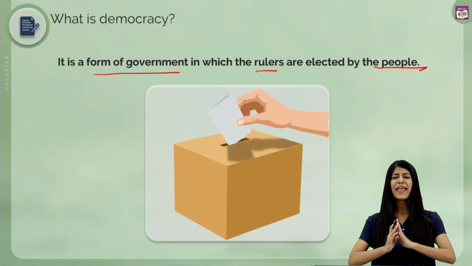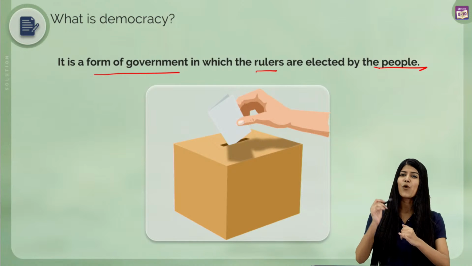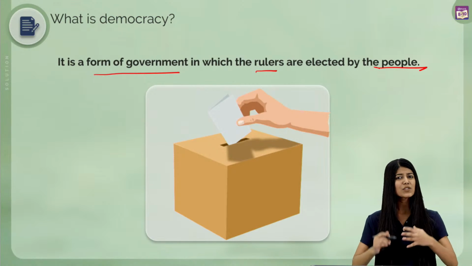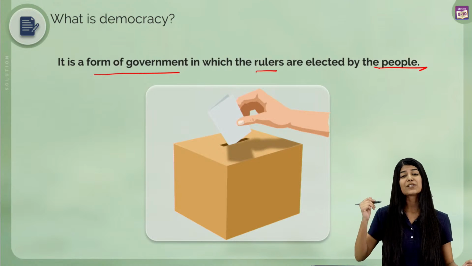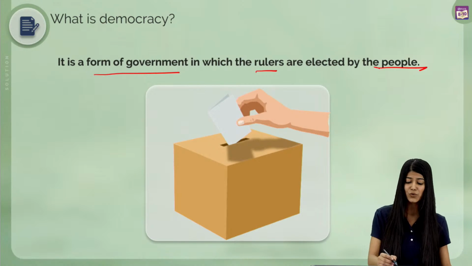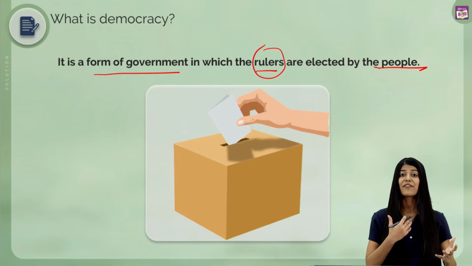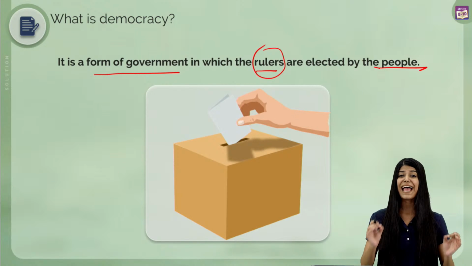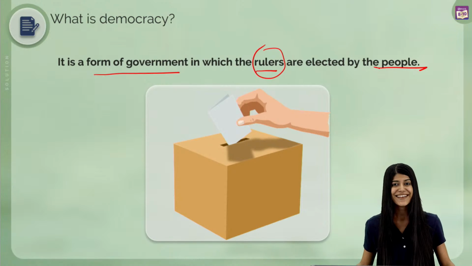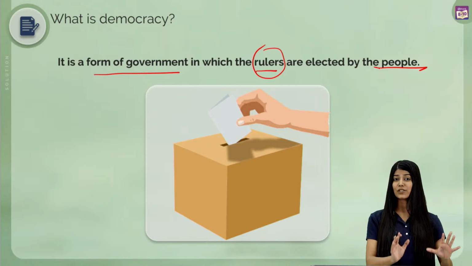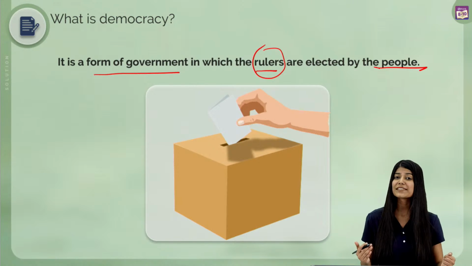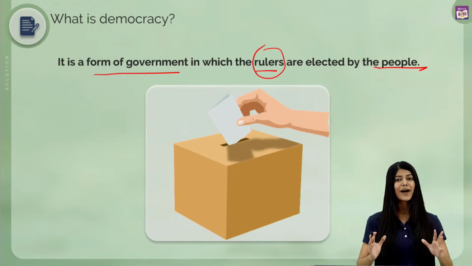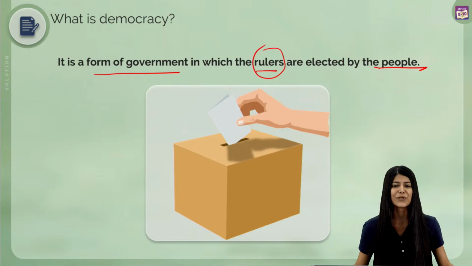By the people meaning everybody. No matter what religion they are, what their caste or gender is, each and every one has the right to vote, and they can choose their ruler, or we can say their representative, through free and fair elections. That's really good, but that's not it. We also have many other benefits of democracy due to which people aspire to democracy all across the world.